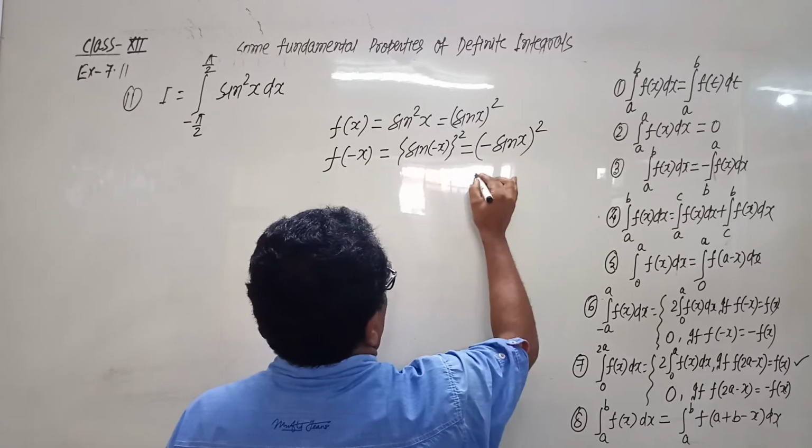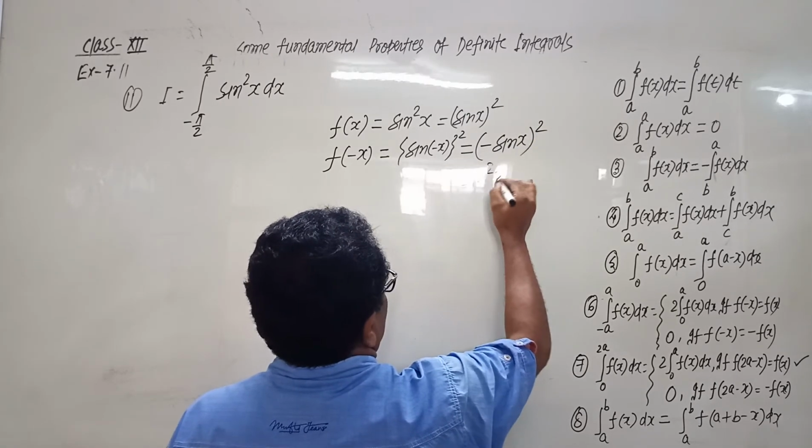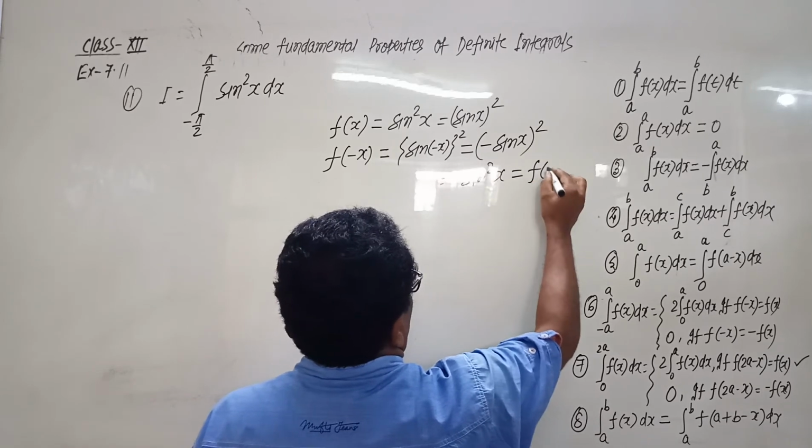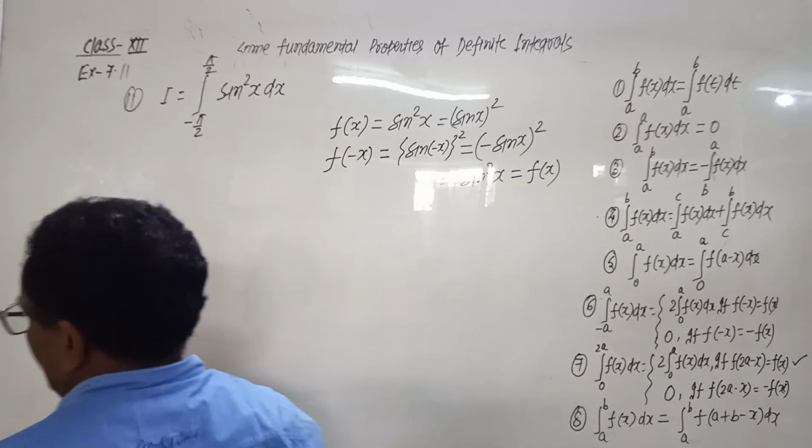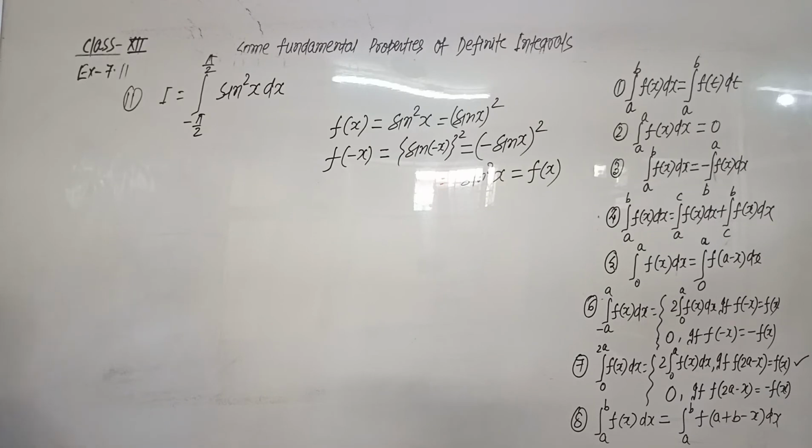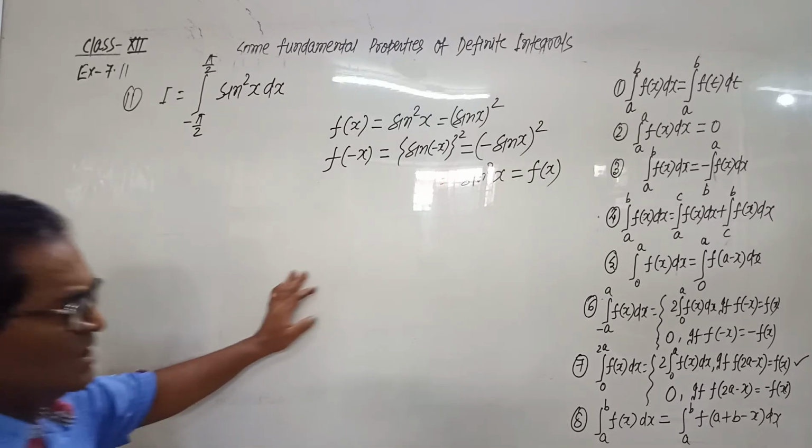So it becomes minus square, which is plus sin square. Means we get f of minus x equals f of x.